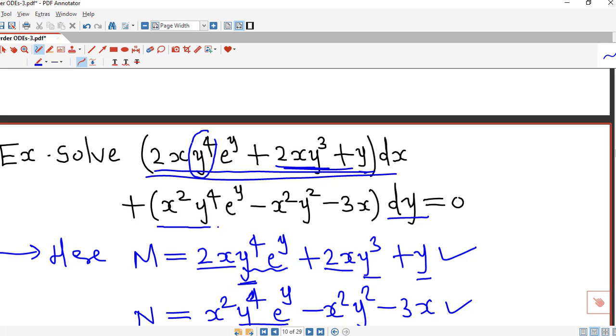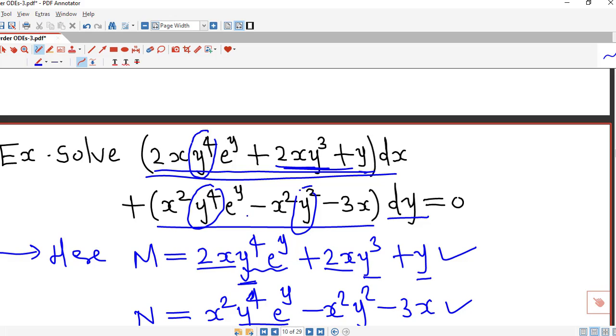Now we multiply this quantity by 1 over y raised to 4. So here y raised to 4 will cancel out, here y square will cancel out, and here we will have minus 3x over y raised to 4.